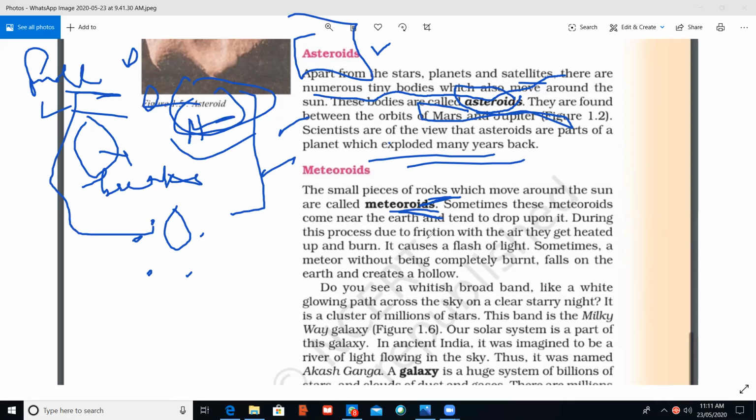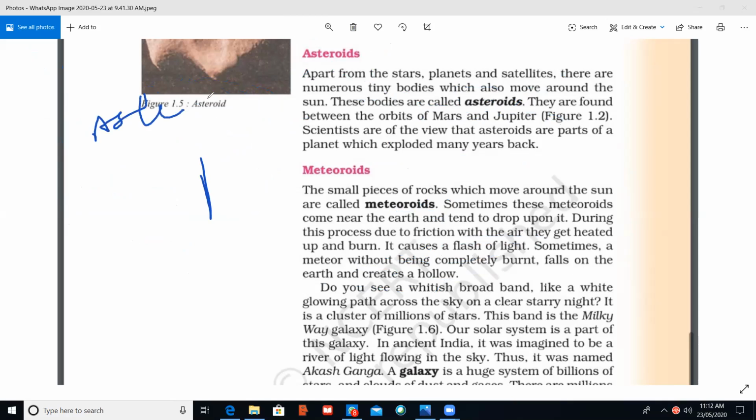During this process, due to friction with the air, they get heated up and burn. This causes a flash of light. Sometimes a meteor without being completely burned falls on the earth and creates a hollow. Okay, so did you get the difference between the asteroid and the meteoroid now?